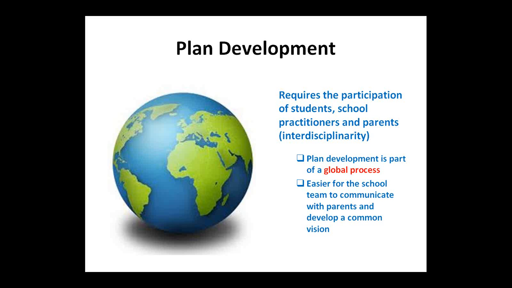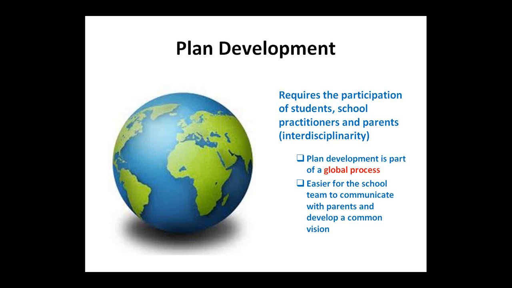So what we do in the global process is really to do an evaluation of the student's strengths and needs, and then we'll have a discussion to see if the results we're getting, so some of the strengths, do the parents see the same thing in their child at home or in every environment, and do all the professionals involved, the school principal, a specific teacher, other kids, whatever it is, agree.